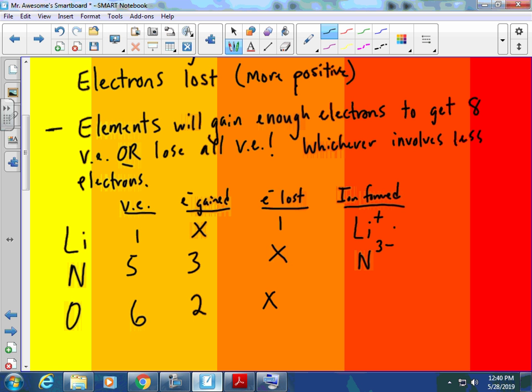They either gain enough to make 8 or lose all of them, whatever's easier. So they will, whatever involves less electrons. So it would either gain 2 or lose all 6. It's easier to just involve 2 electrons. Okay, so what is the charge there, Rachel? O2 minus. Does everybody agree? Anybody disagree with that?